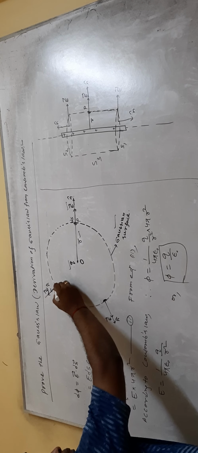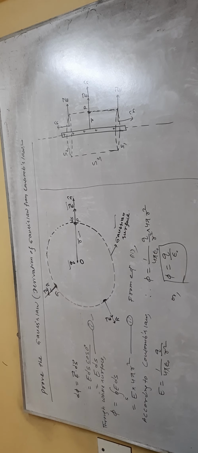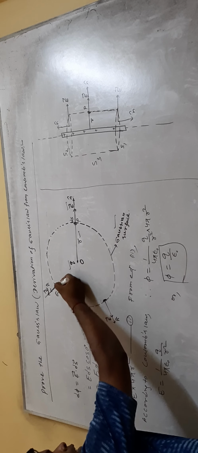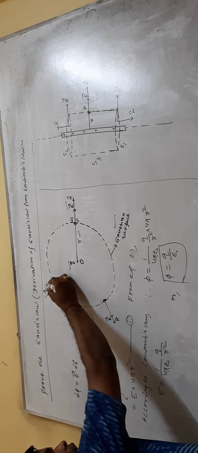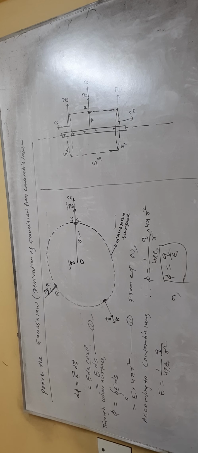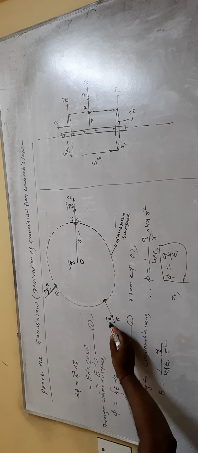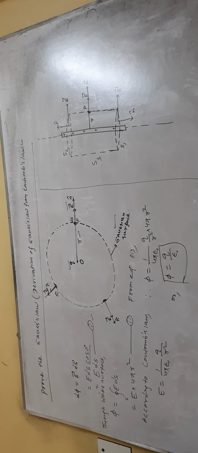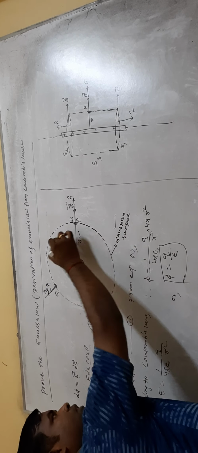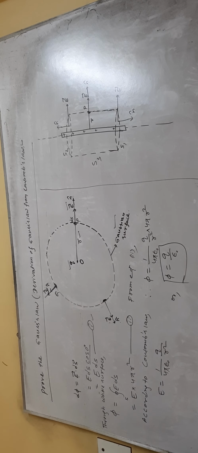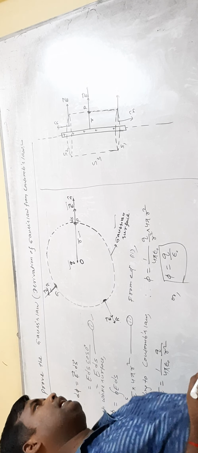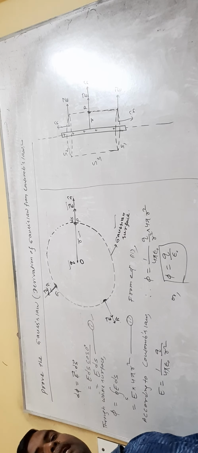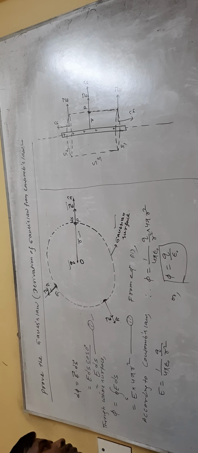The direction of the area vector is also along the normal. So here also the angle between E vector and area vector is 0 degree. Similarly, here also the angle between electric field vector and area vector is 0 degree. So at every point on this Gaussian sphere, the electric field has the same magnitude and the angle between electric field vector and area vector is 0 degree.